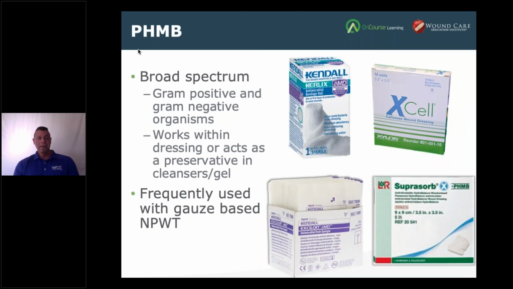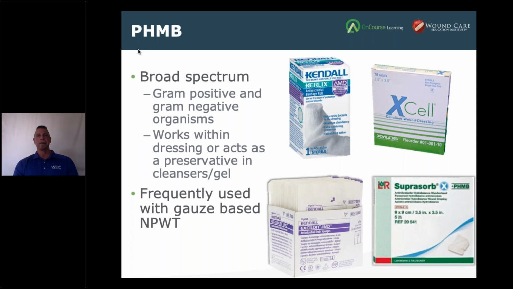PHMB, that's just an abbreviation for a really long word called polyhexamethylene biguanide. It's just easier to say PHMB. PHMB is a broad spectrum antimicrobial agent, generally very effective against gram-positive and gram-negative. However, again, it only works within the dressing.